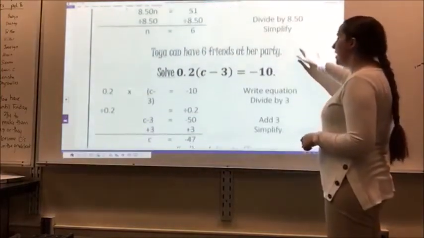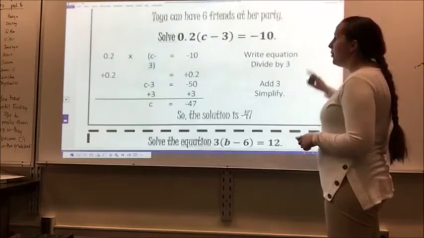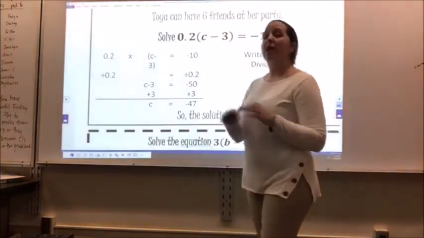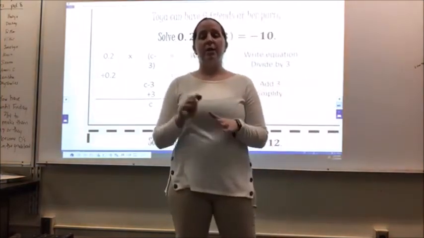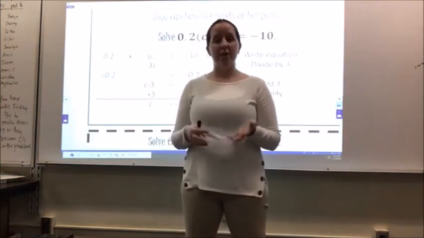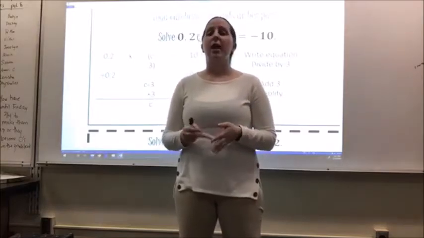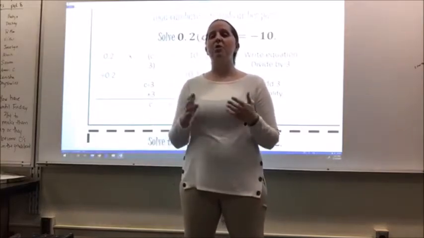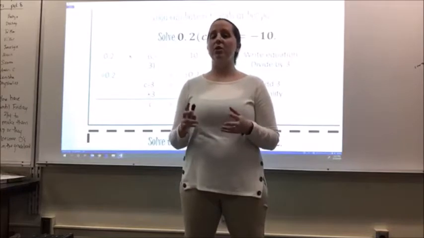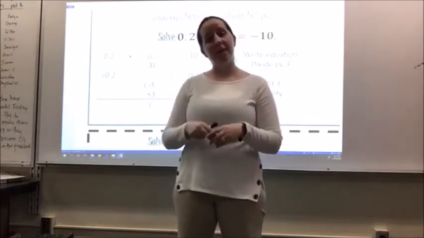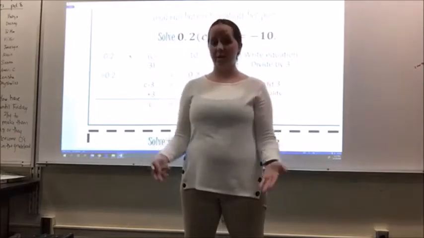Okay. The next one I have is solve 0.2 times the quantity c minus 3 equals negative 10. Up to this point, we've been using reverse operations in reverse order from Please Excuse My Dear Aunt Sally. Okay, this only applies when you don't have parentheses. You still do parentheses first, but instead of doing what's on the inside of parentheses first, you do what's on the outside.